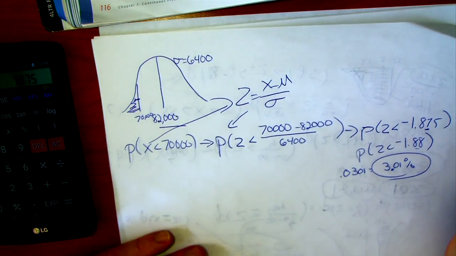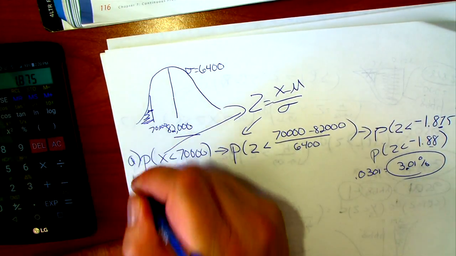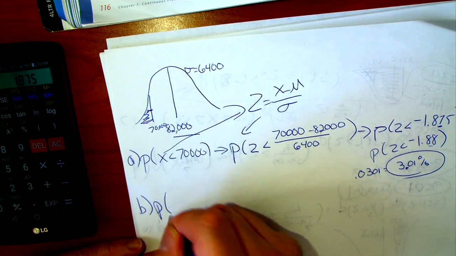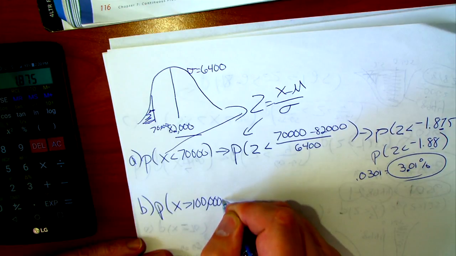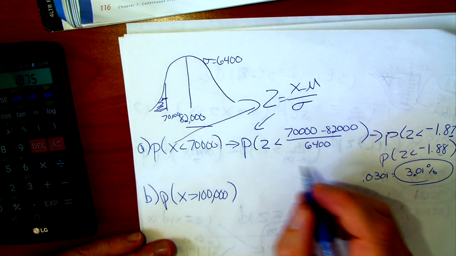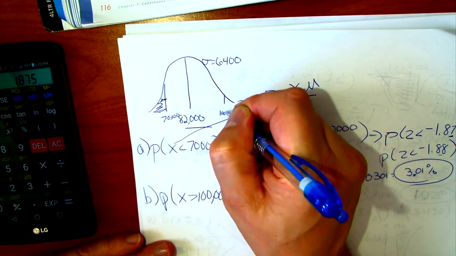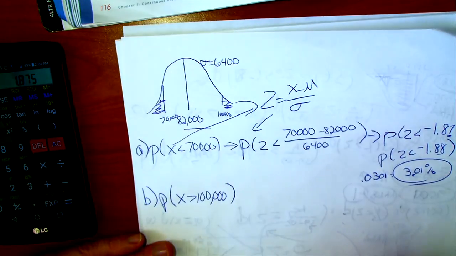What's the odds, though, that we get some bonus miles? What's the odds that we get more than 100,000 miles? That's awesome. Well, once again, we want to find the area under the curve greater than 100,000.